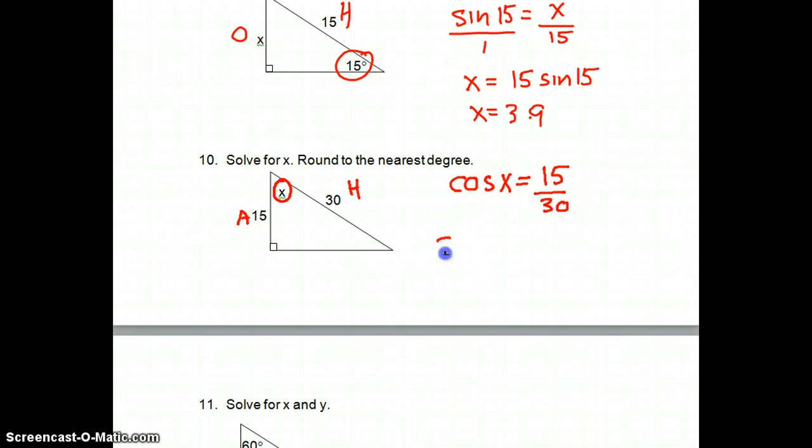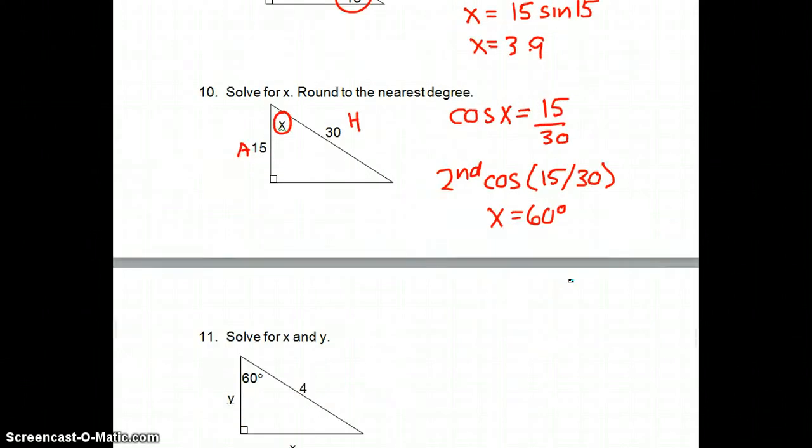Whenever we don't know the angle, we just have to do second, then cosine, and then 15 divided by 30. So second cosine 15 divided by 30 equals 60. So x equals 60 degrees.